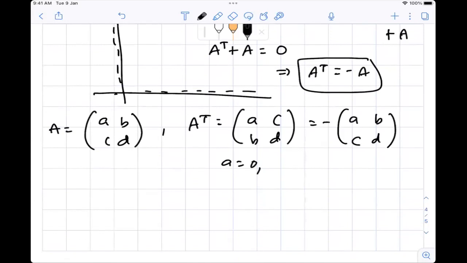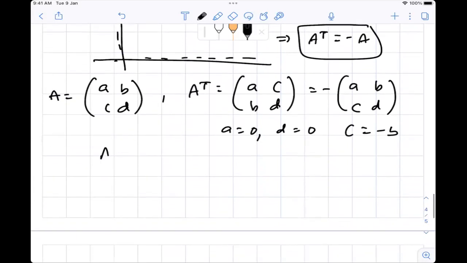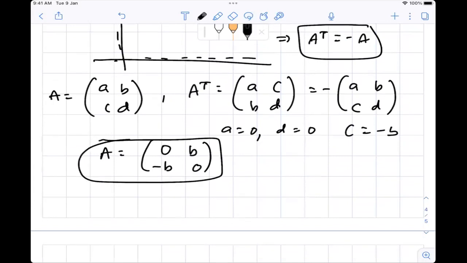A equal to 0, D equal to 0, C equals minus B. Then I can write A as 0, B, minus B, 0. Do you agree? Yes, sir. So there is only one possibility of doing that.